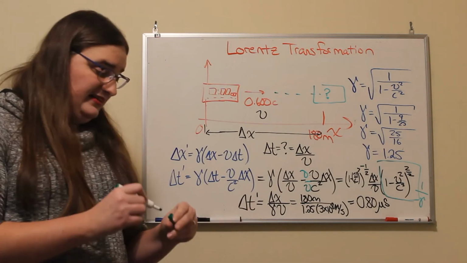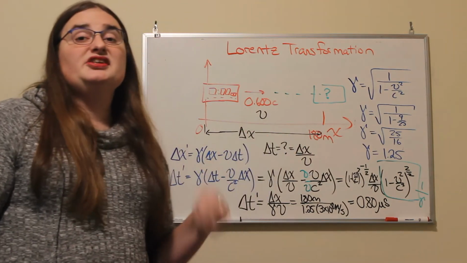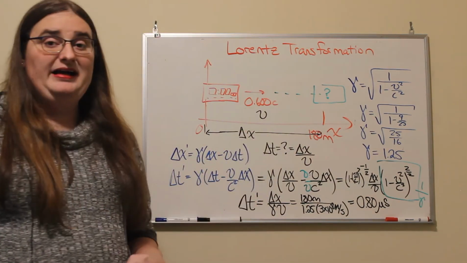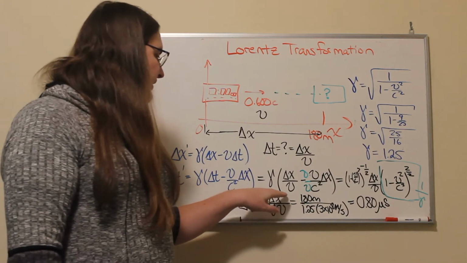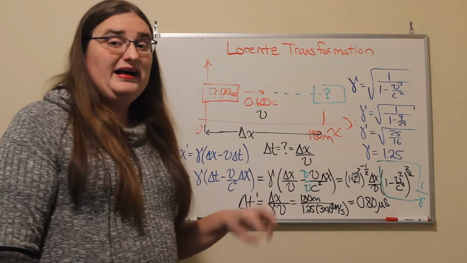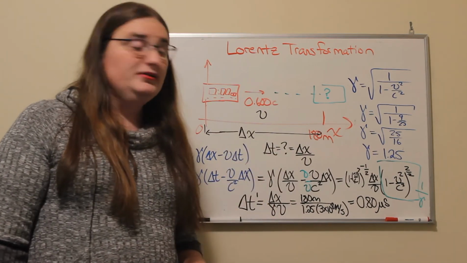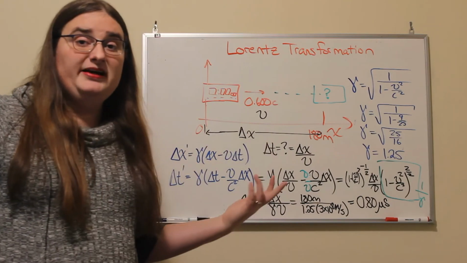So that means that the time measured by our clock, which in this case would be our proper time, would be equal to delta x over v, which is the time measured by the stationary observer, the improper time, divided by gamma. That's time dilation.